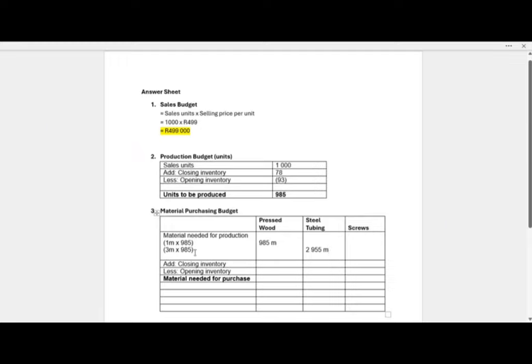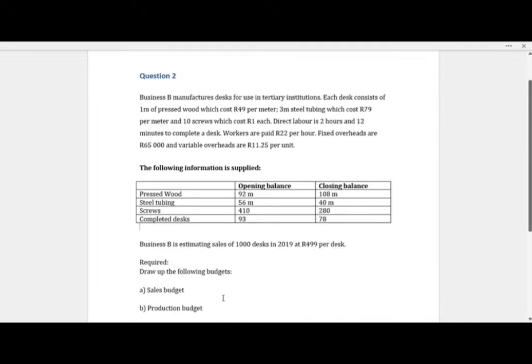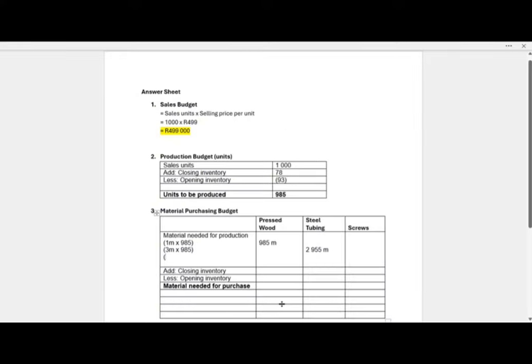And then I'm going to calculate for screws. What are they saying about screws there? They say 10 screws which cost 1 rand each. So each desk needs 10 screws. It means I have to calculate how many screws are needed.